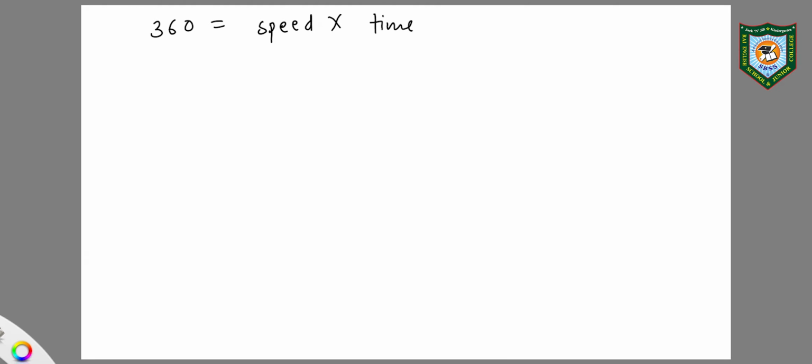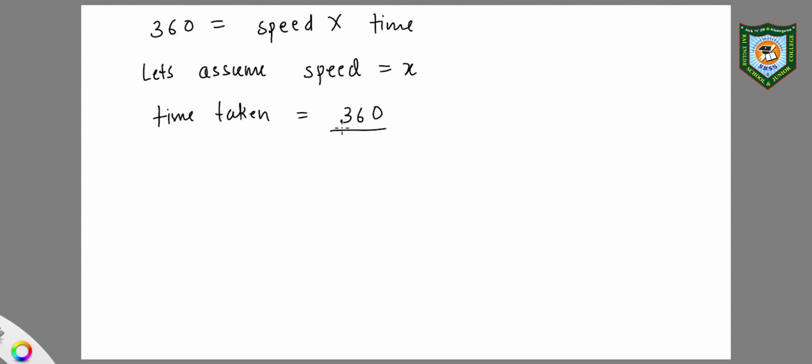So let's try it out. Let's assume that speed is equal to x. So the time taken when the speed is x is equal to 360 divided by x hours.